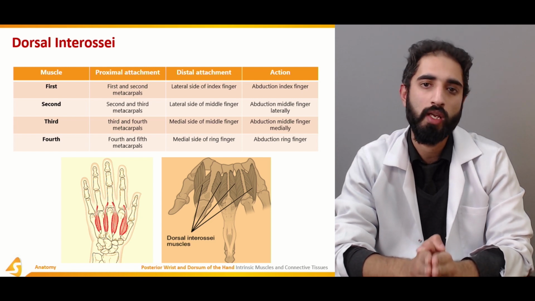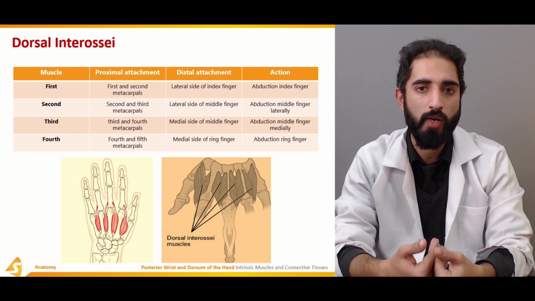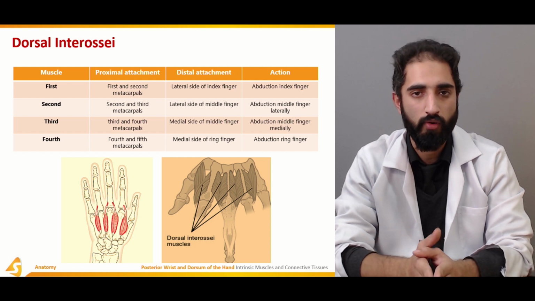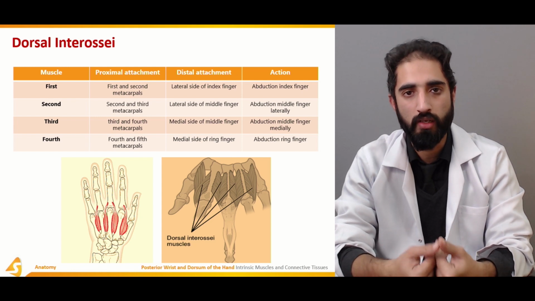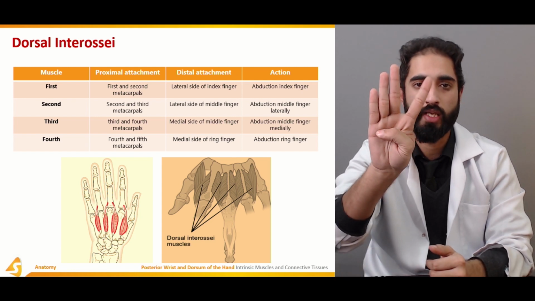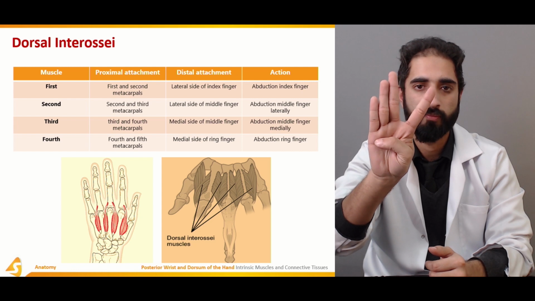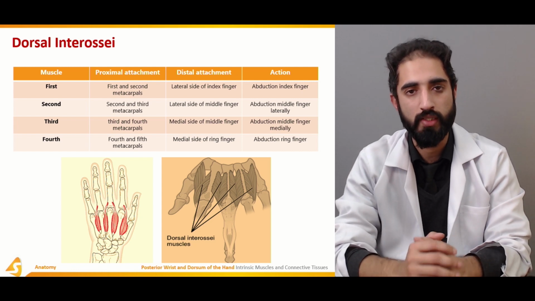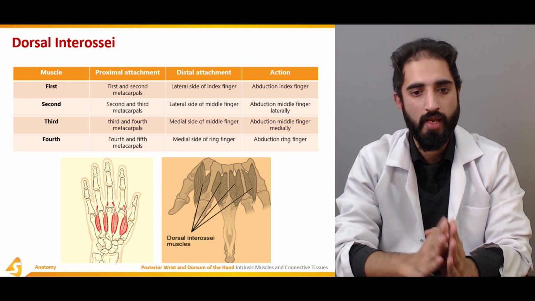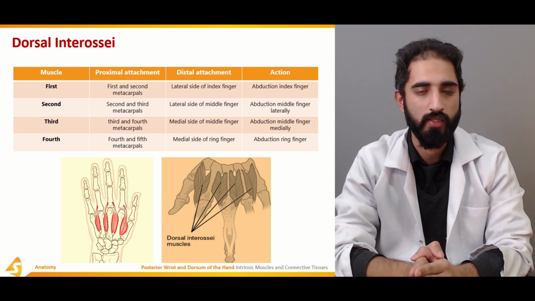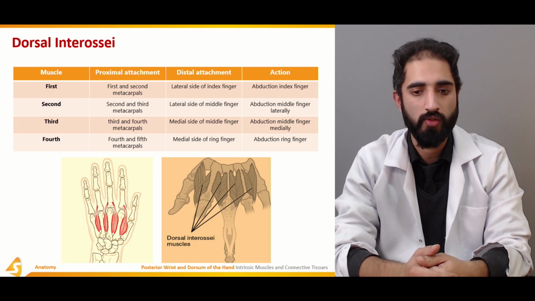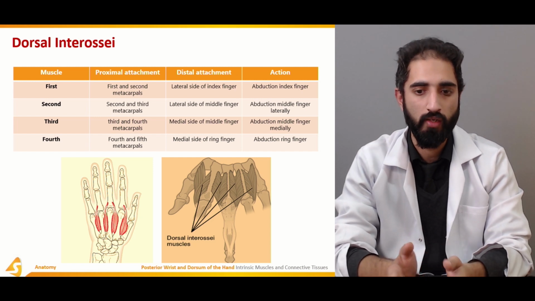Now, the abduction of the index finger is the movement of the index finger away from the midline. The reference point for this would be the middle finger. So for example, if I'm doing this, this is the abduction of the index finger. Similarly, talking about the second dorsal interosseous, its proximal attachment is with the second and the third metacarpals, and the distal attachment is on the lateral side of the middle finger.